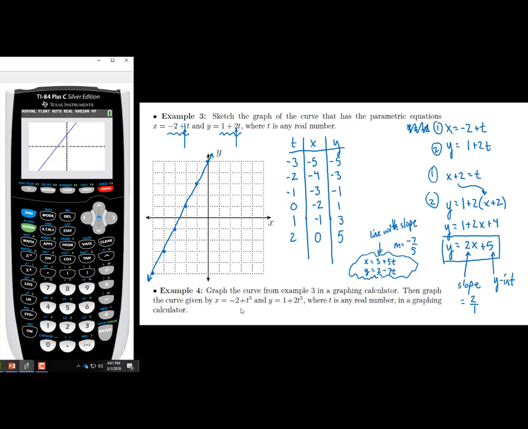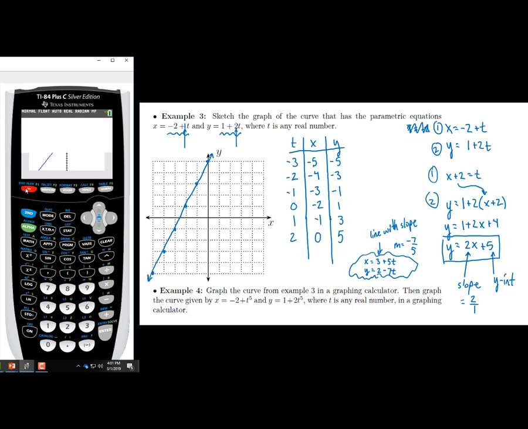All right, so the last thing that I want to do is in example 4. We already graphed the curve from above, or the line, I guess, and then I also want us to graph this. Essentially, I just want you to change the power on t to the 5th power. So instead of the 1st power, it's the 5th power, but notice that they're both the 5th power.